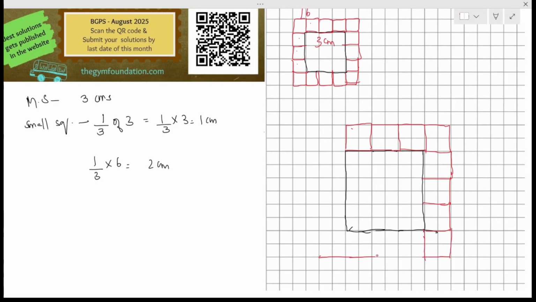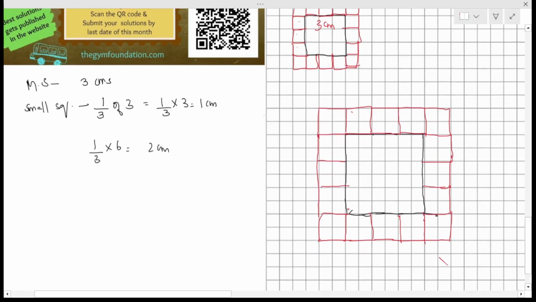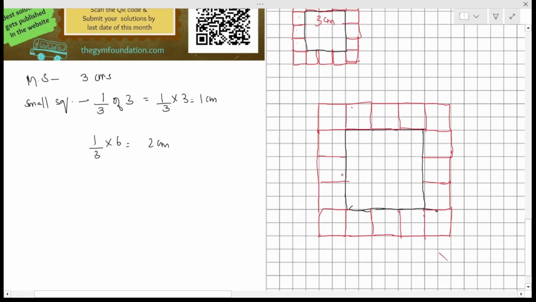So now I think you're all able to understand this design of having squares inside squares and then forming a bigger square, also following some fractional rule. This is an interesting problem where you apply fractions for designs, and if you have an eye for understanding math concepts, you can find many relations between the small ones which you drew first and this one with 6 centimeters.